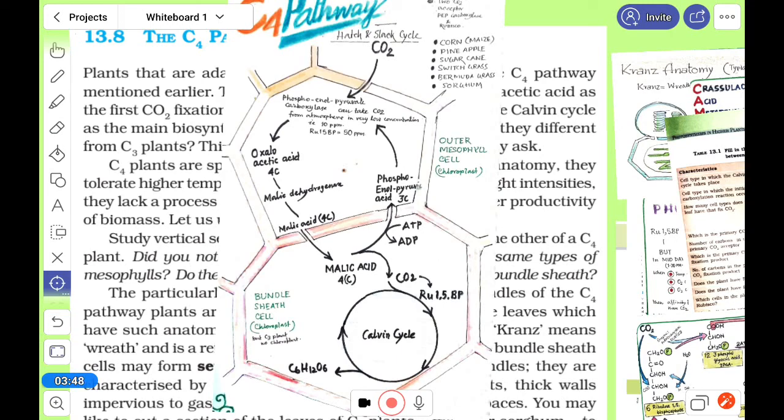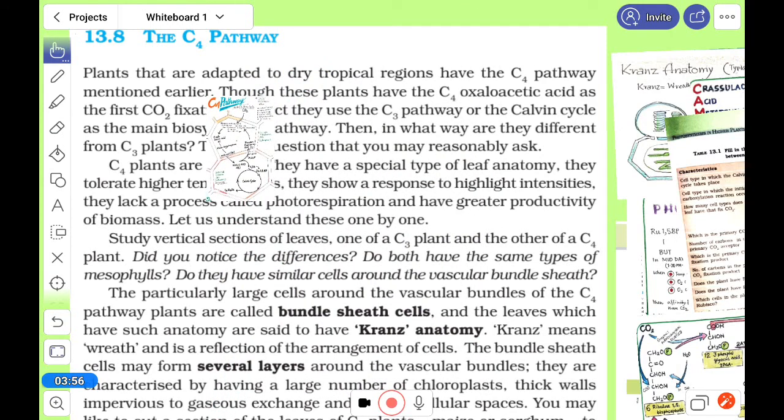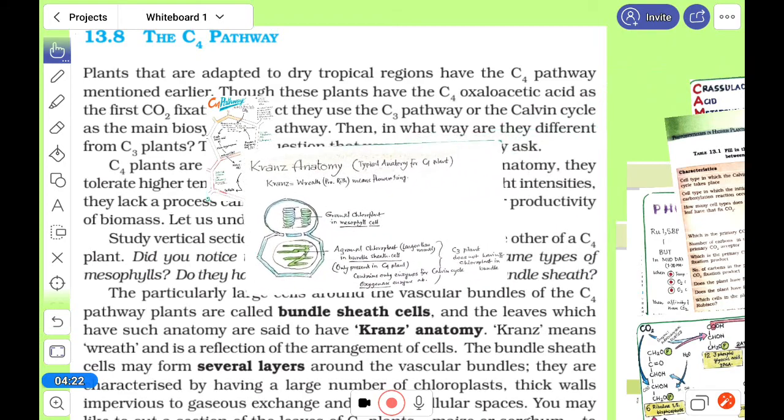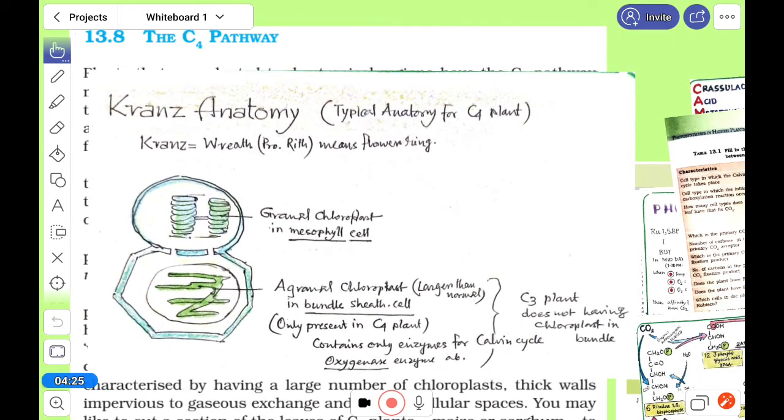Now you have to know a little bit about this part. Look here, Kranz anatomy. The large cells around the vascular bundle of C4 pathway plants are called bundle sheath cells. The leaves which have this anatomy are said to have Kranz anatomy.